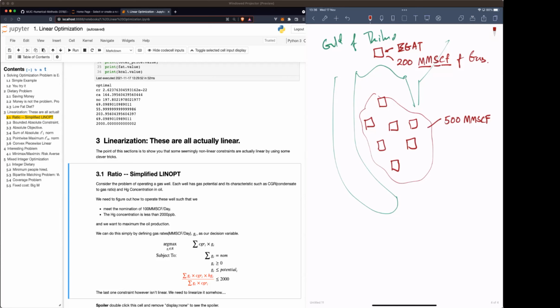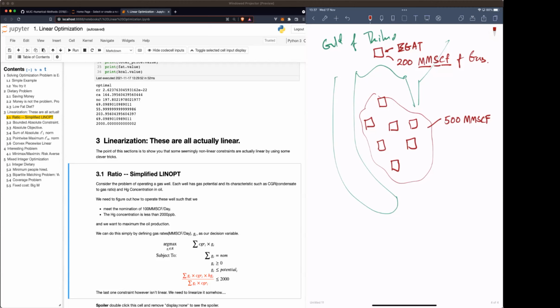You have no storage for gas. You have storage for oil, but not for gas, because gas is very hard to store. You need a really huge tank, thick steel, and you need to make sure it doesn't explode or float away.